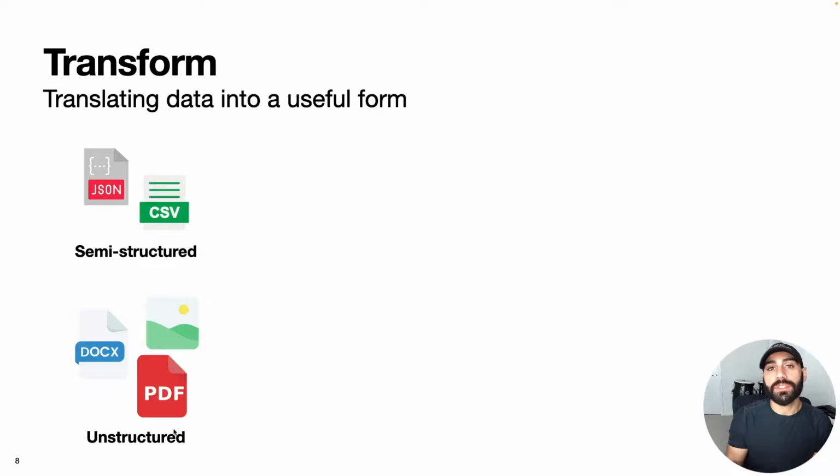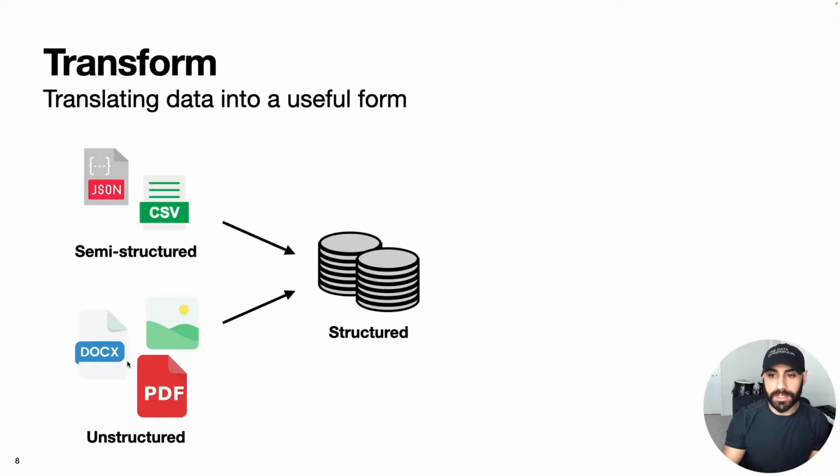Or you're working with unstructured data. Let's say you want to build a language model or fine-tune a language model on company documents. This could involve extracting text from docx files or PDF files. Translating semi-structured and unstructured data into a structured form, so basically something you can put into a database, is a major part of the transform step.